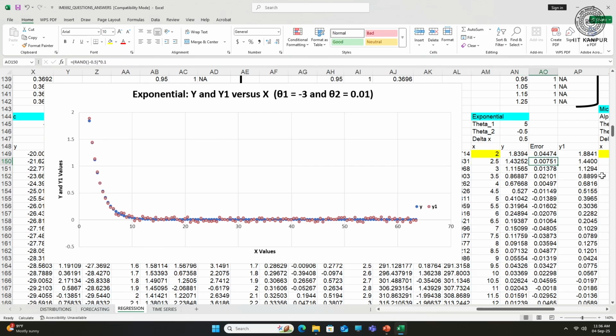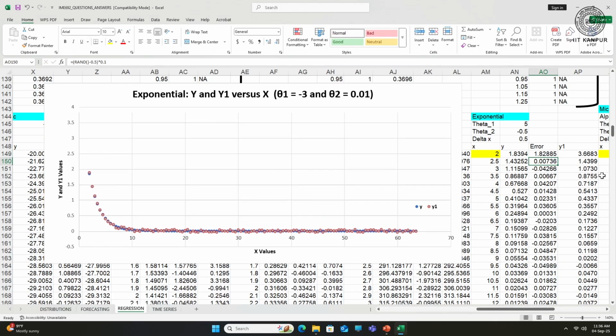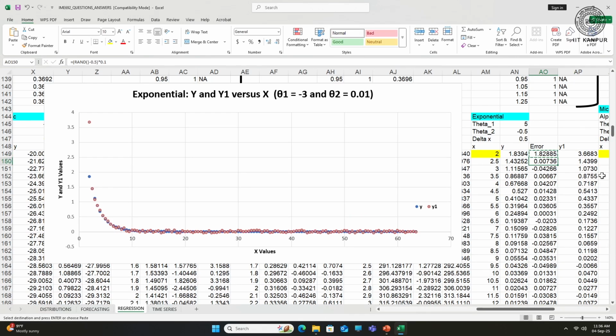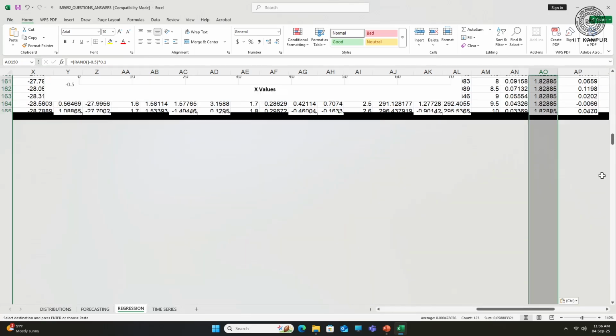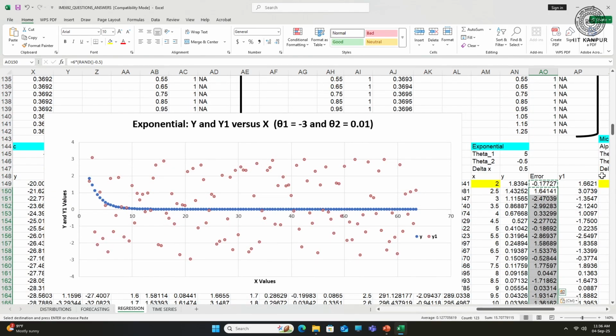Now, the error term which you have, you can increase the values of minus a plus a. So, say for example, if I consider it as 6, how would the error look like, how would the y1 look like. Now, you see, as the error increases, the variability is huge.